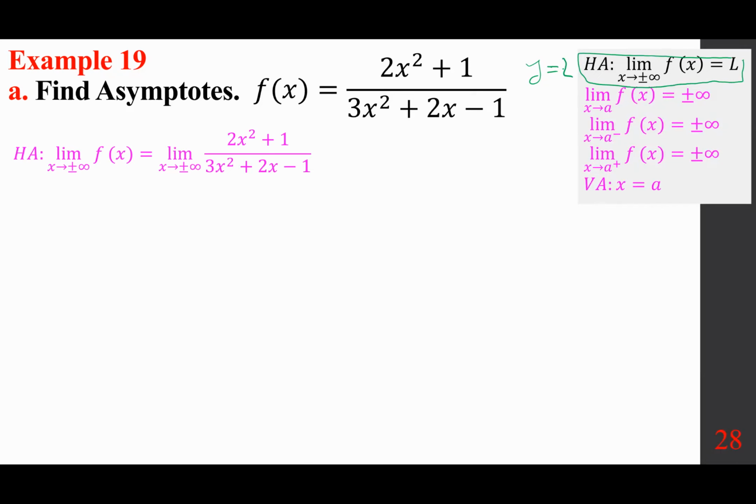You take a limit, and whether it approaches infinity or negative infinity, the technique is that you divide by the highest degree term in the denominator, namely x squared.